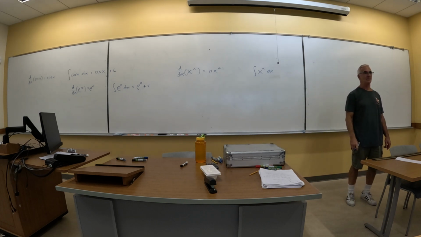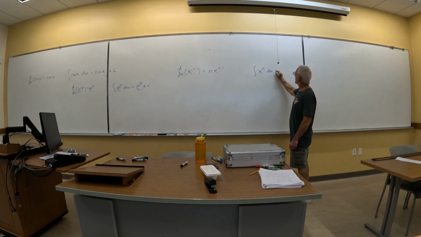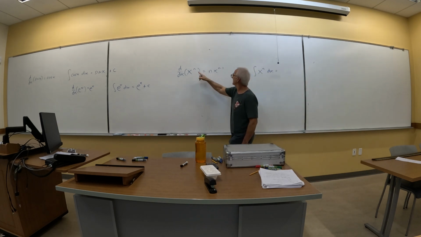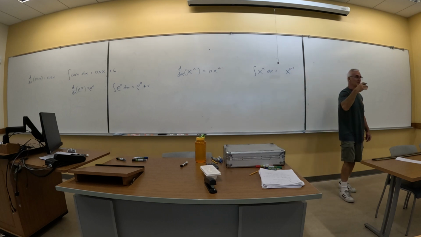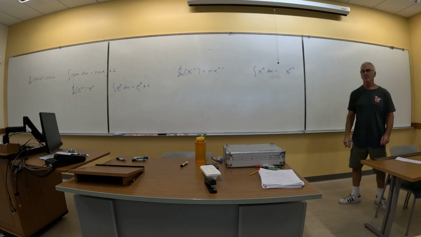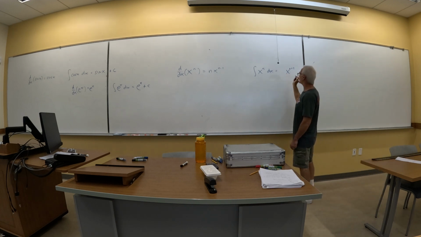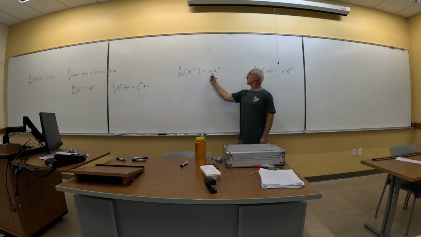Let's see if we can figure it out, though. n plus one. Are we in agreement that it makes perfect sense to add 1 to the exponent if I'm decreasing the exponent by 1? But is it, I don't know. Let me put A. I don't know what A is. I'm going to put a number there. There is definitely a number here.